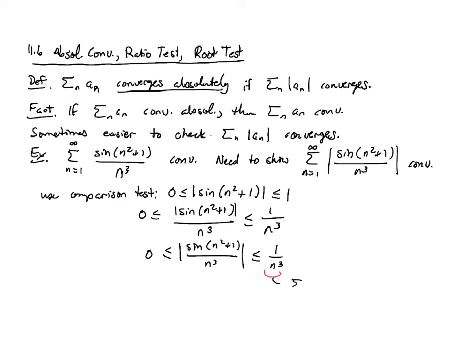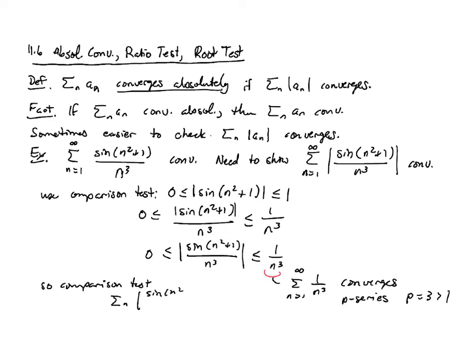And since the series with these terms, the summation from n equals 1 to infinity of 1 over n cubed, converges because it's a p series with p equals 3, which is greater than 1, the comparison test says that the summation over n of the absolute value of sine of n squared plus 1 over n cubed also converges.